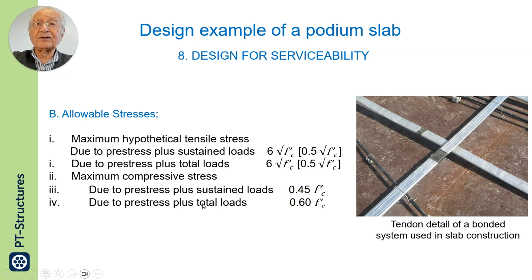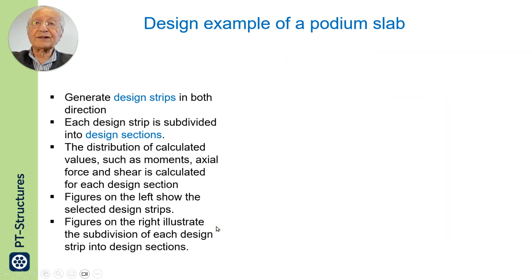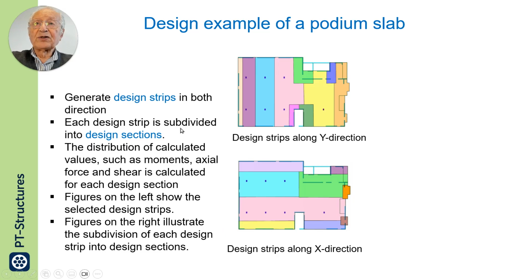By the way, ACI does not specify which fraction of the design live load is to be considered as sustained. It is left to the judgment of the design engineer. So, to follow the concept of ACI, we break the slab into strips, strips in one direction and strips in the other direction.